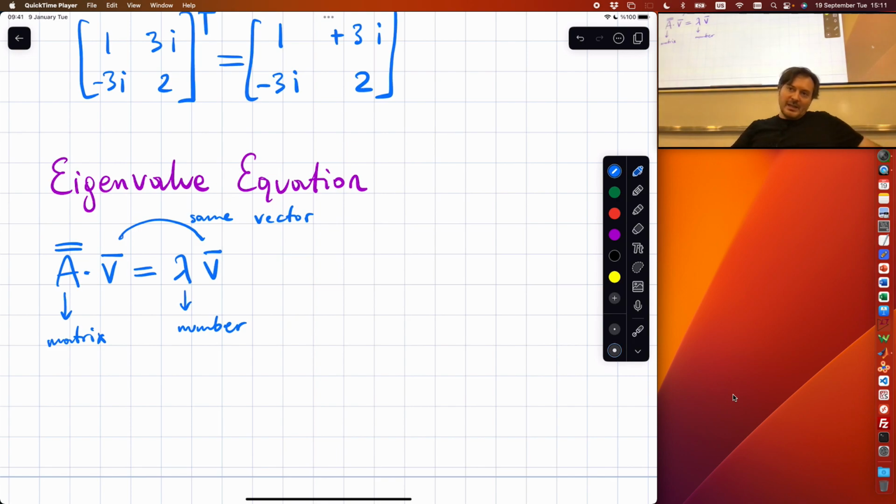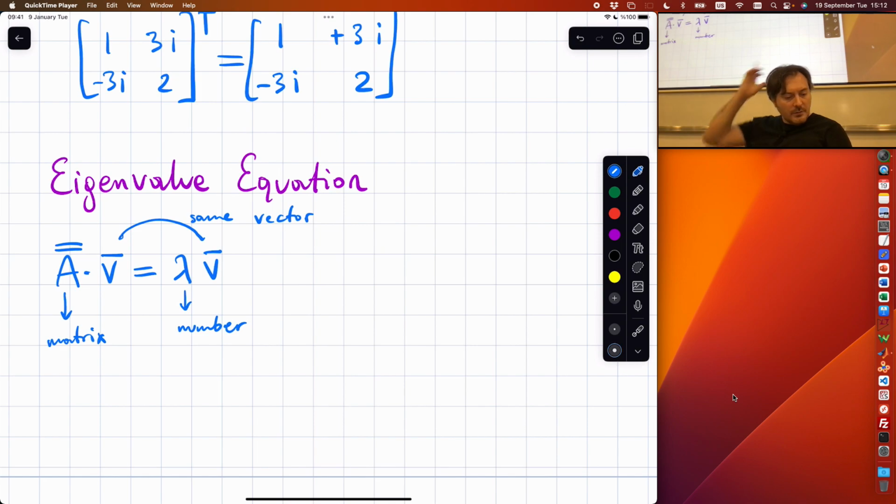It can go to the negative, it can go to the opposite side, it can grow or shorten, okay? But it stays, sorry, not direction, orientation, the same orientation. So, operation times vector is equal to number times vector.